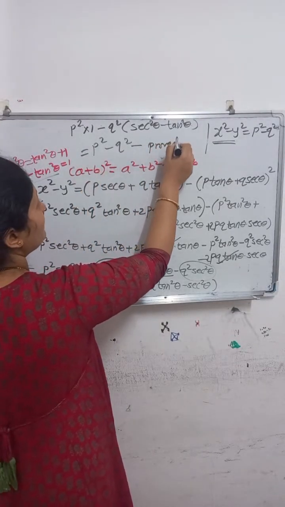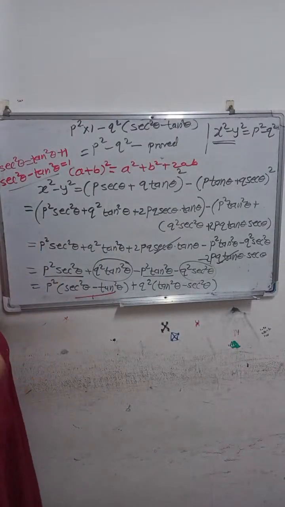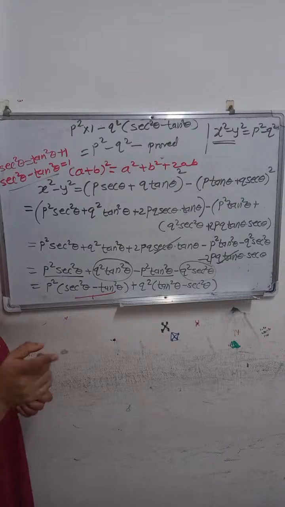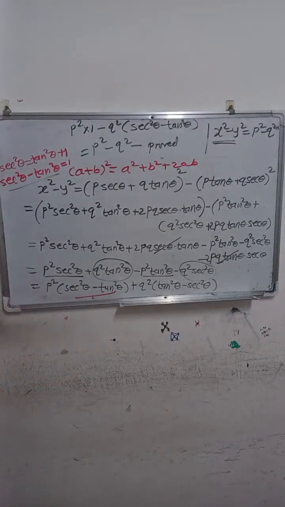Yesterday we did x square plus y square is equal to p square plus q square, and there we had the sine and cos terms, and here sec and tan terms are there. Can you get the questions? Are you getting the questions properly? How I am using the identity, are you able to understand?